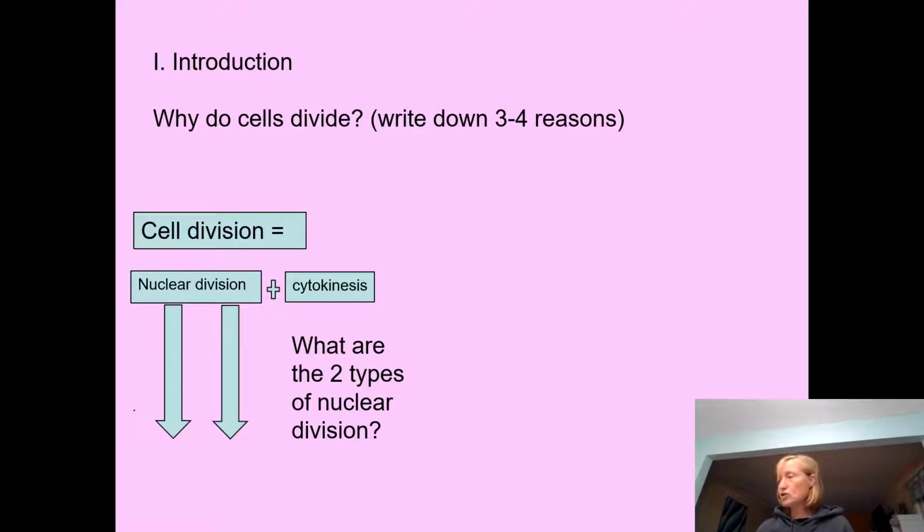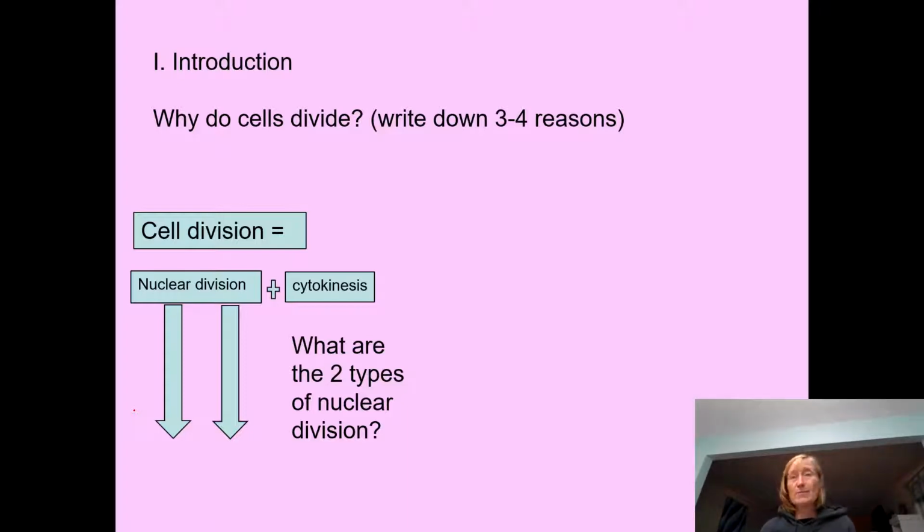Two, repair, to repair and replace damaged cells. Cells are getting damaged all the time, and they need to be repaired. And so cells divide to make more cells. They need to be replaced. Old cells simply die too. Cells get old, they age, they need to be replaced. Some cells need to be replaced every few days, like the cells lining our stomach, for example.